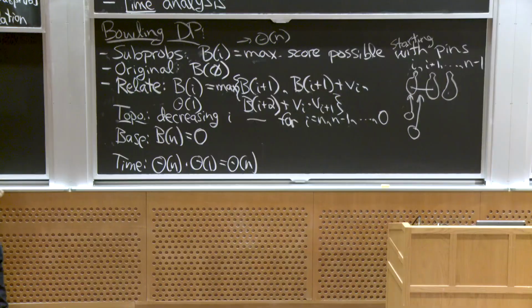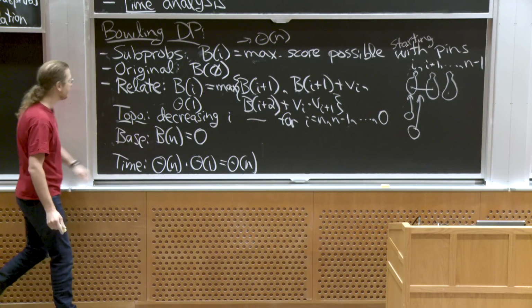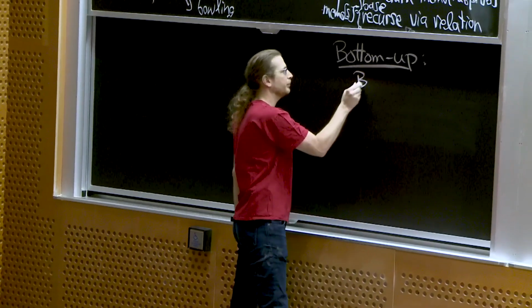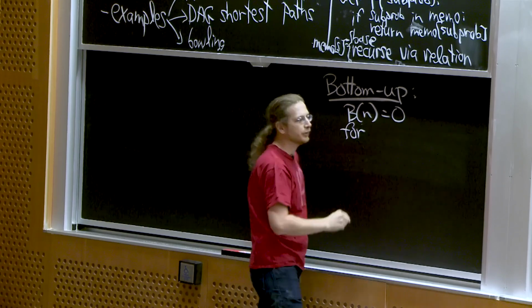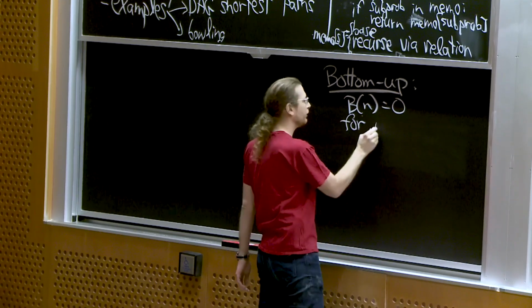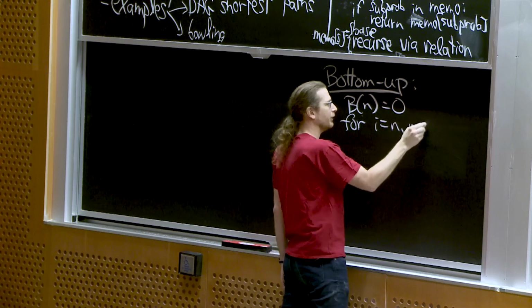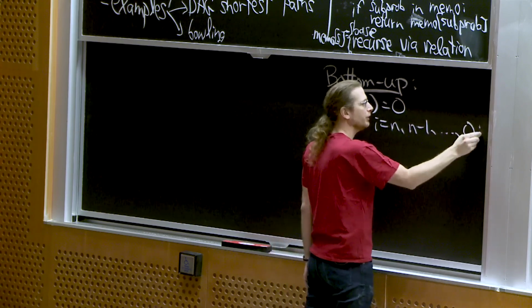Let me start with the base case, b of n equals 0. But now it's an assignment. And I'm going to do the for loop from the topological order, for i equals n minus 1 to 0.